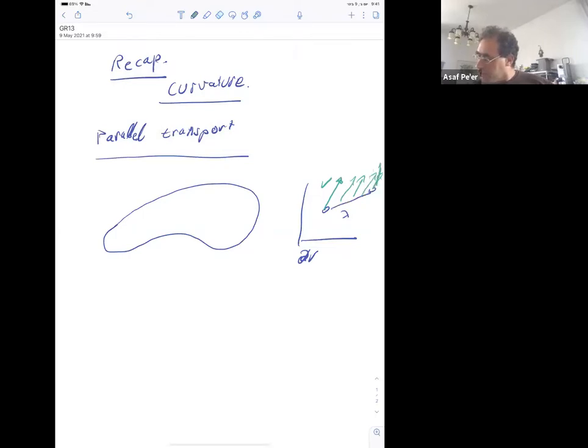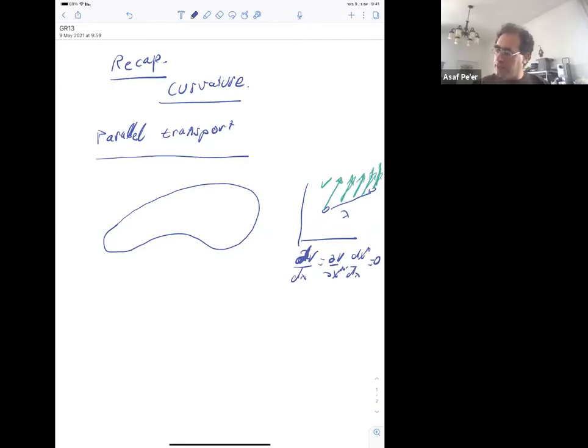It should look more like that. Mathematically, when we say parallel to itself, it is not changing. So dV over d lambda, which is dx mu over d lambda times the derivative of V, is equal to 0.